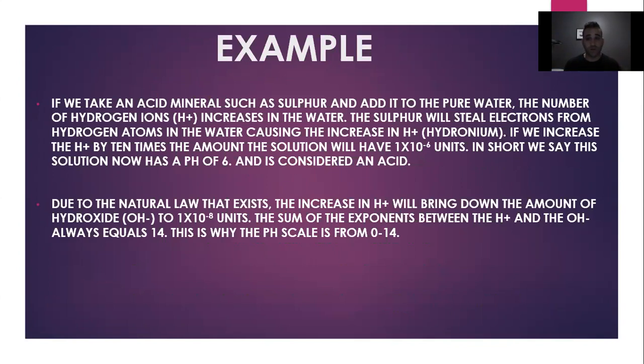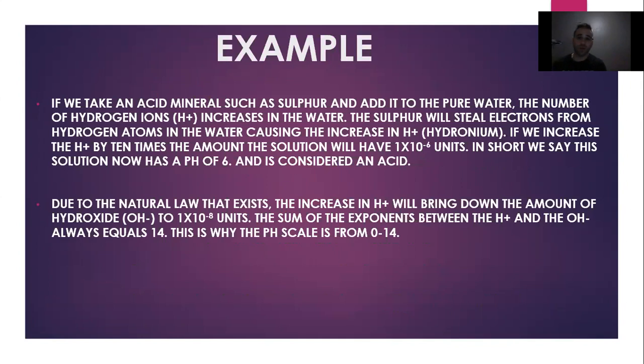Okay? So if I add an acidic mineral to water, I increase the hydrogen protons. Like in this example, we've taken a neutral water and we've added sulfur, and now we've got enough hydrogen protons that we've increased the hydrogen content to 1 times 10 to the negative 6 units, so 10 times more.